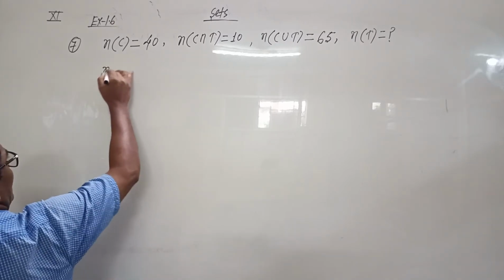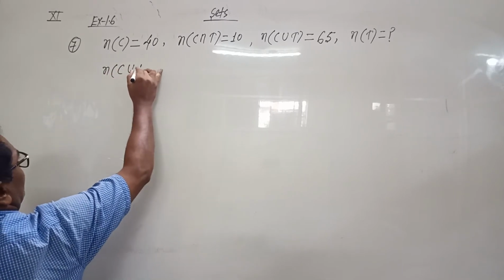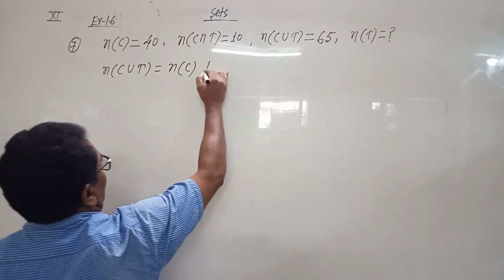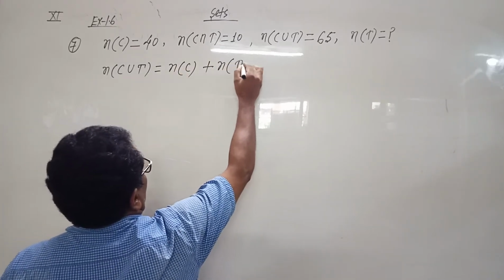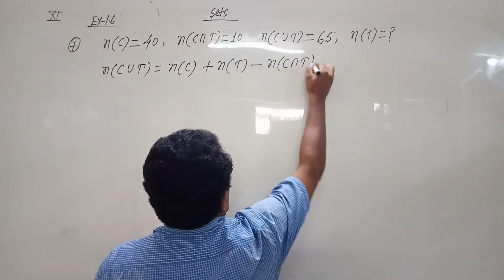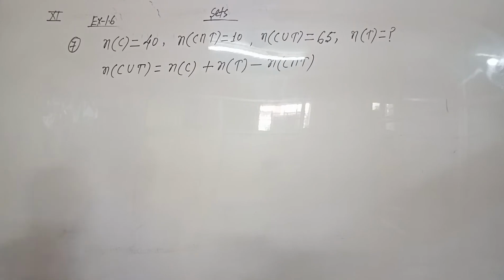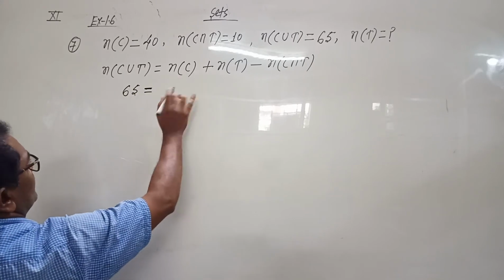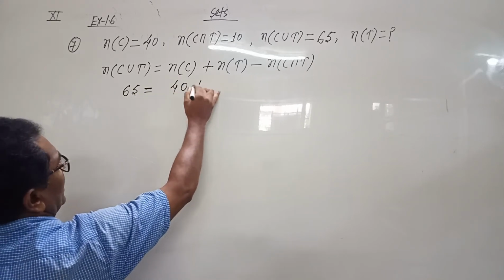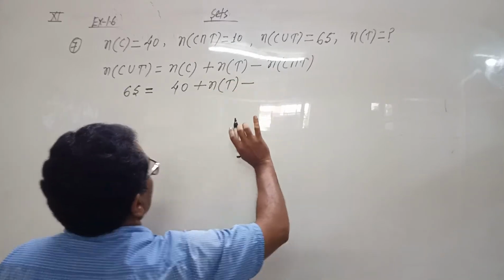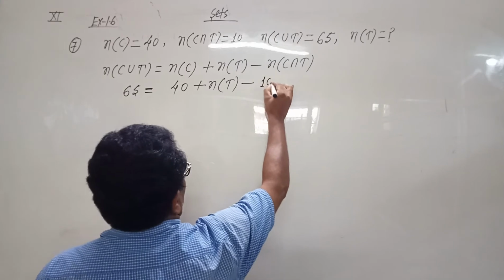We use the formula n of C union T equals n of C plus n of T minus n of C intersection T. So n of C union T is 65 and n of C is 40. n of T we have to calculate, and n of C intersection T is given as 10.